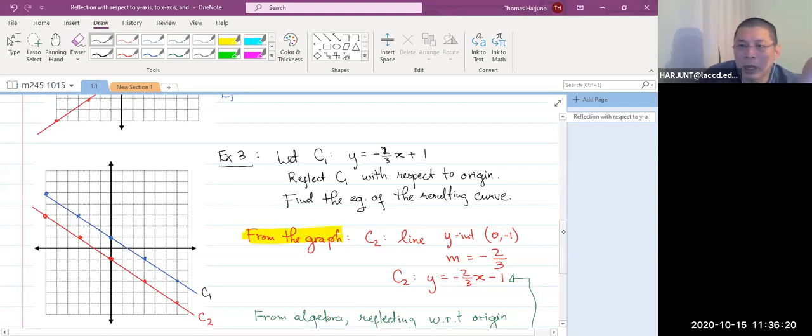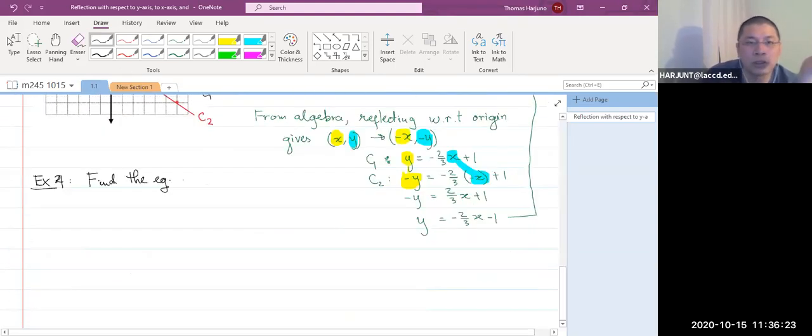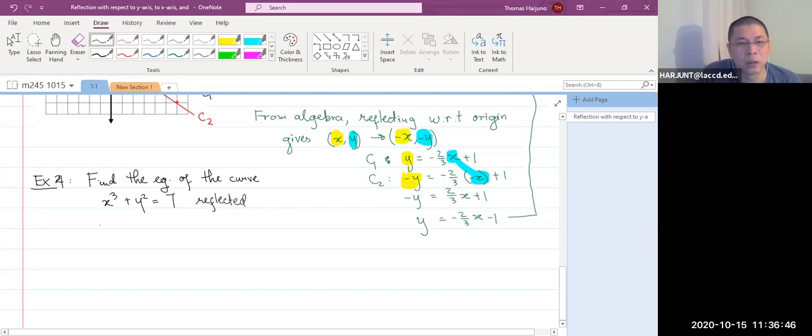The thing is, we are going to do the following. Find the equation of the curve x cubed plus y squared equals 7 reflected with respect to the y-axis.